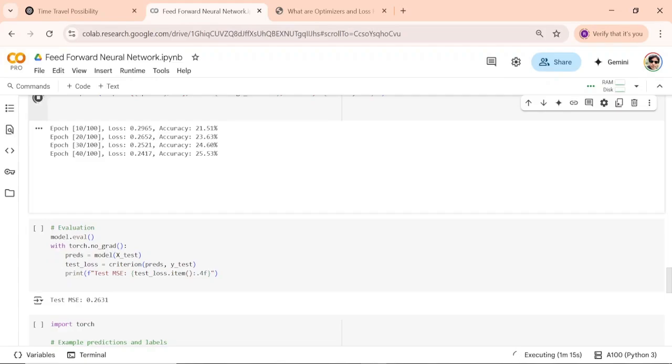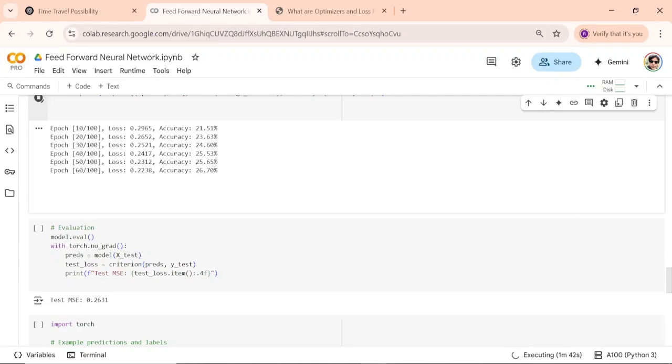So you see the magic of what's going on, right? For each 10 sets of epochs out of 100, it is decreasing the loss and increasing the accuracy after updating the weights based on the calculated gradient. Yeah, it's an interesting thing to see or to know, right?